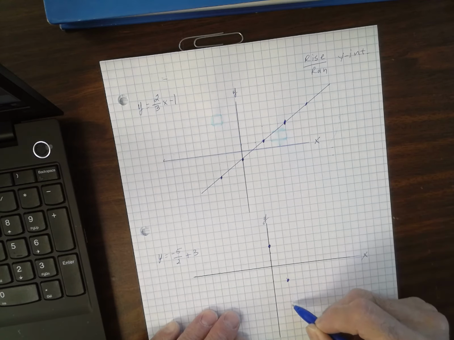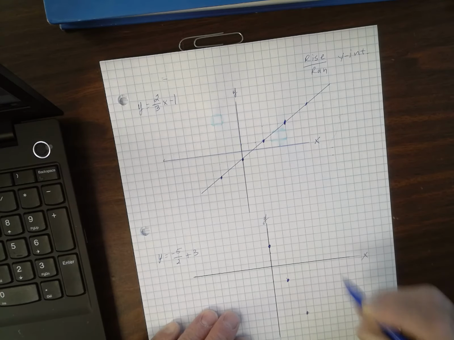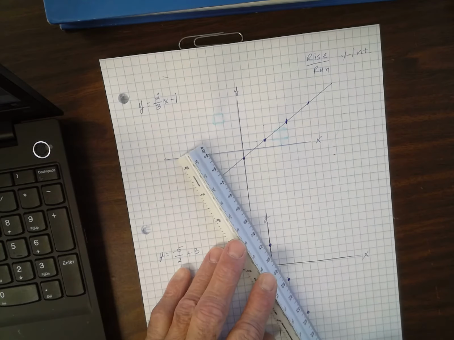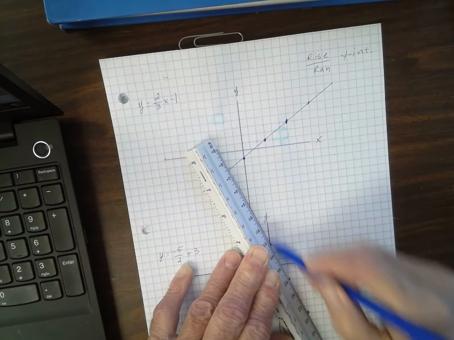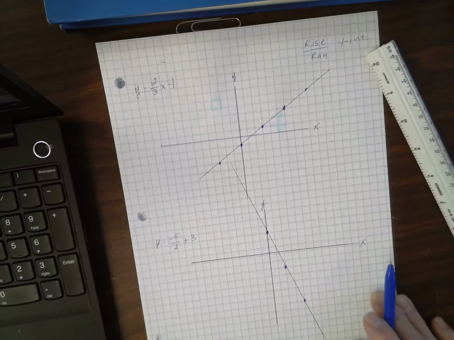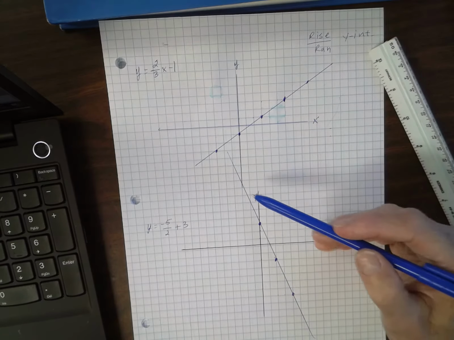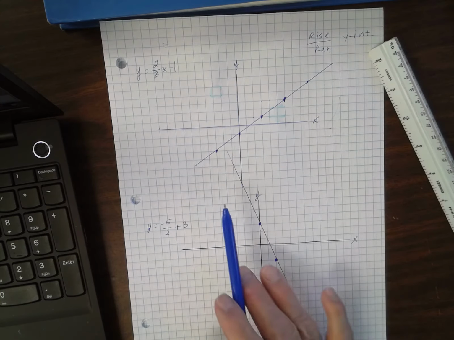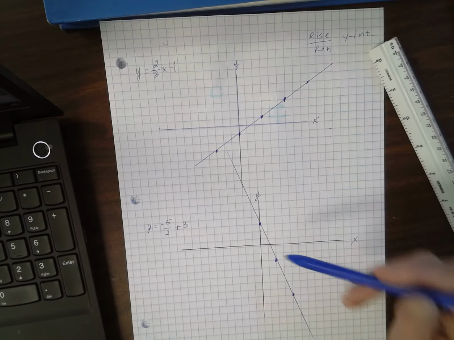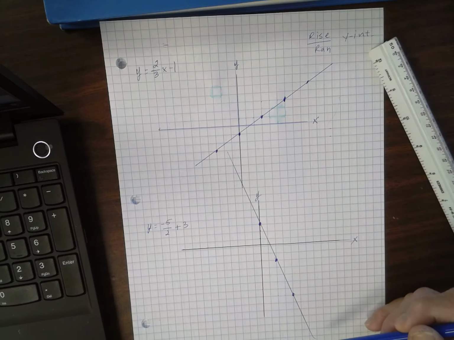Again, 1, 2, 3, 4, 5, 1, 2. So here are my 3 points. Now I'll connect the dots. I know this slope is negative because it starts in the upper left-hand quadrant. It goes down to the lower right-hand quadrant.